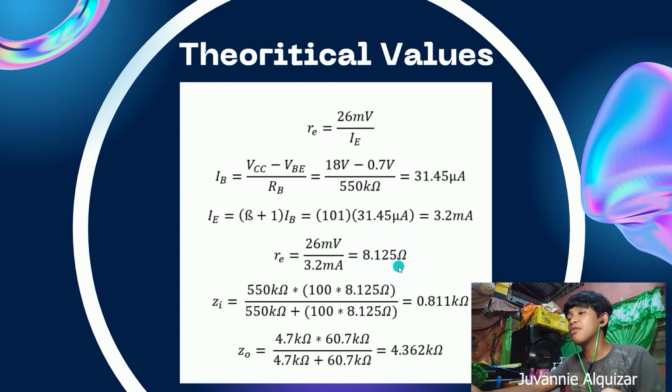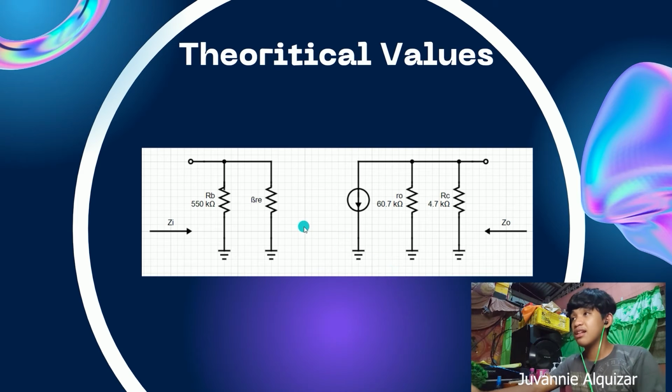Now, to find our input impedance, we just have to look back at our AC analysis. As you can see right here, it is quite simple. We just have to find the equivalent parallel resistance of these two components right here, the base resistance and the beta RE.